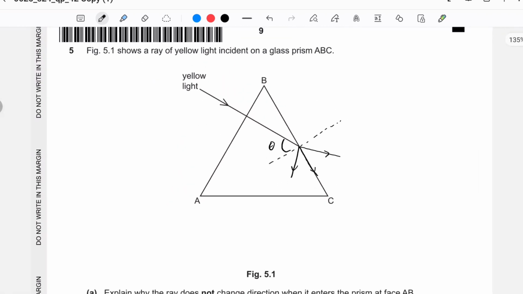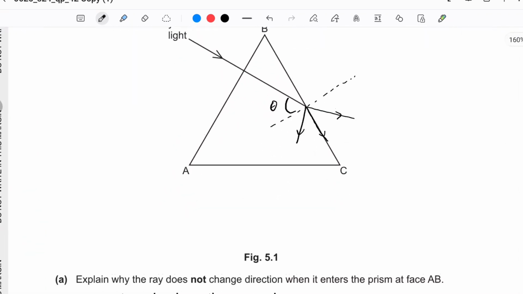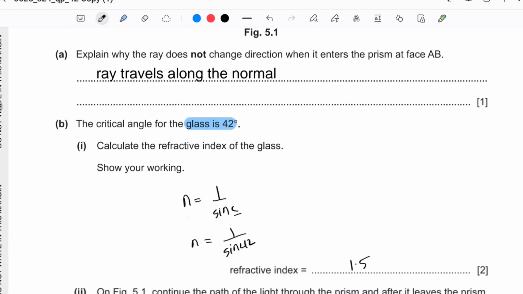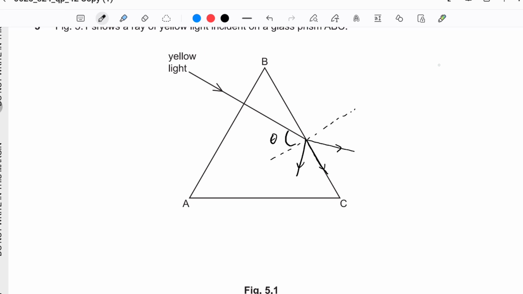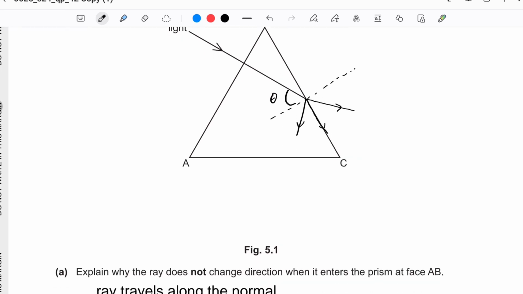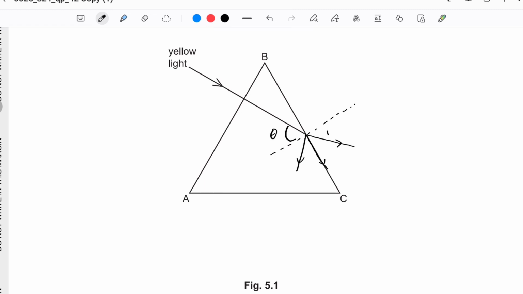So here in this case, angle of incidence is likely greater than 42 degrees. When the angle of incidence is greater than the critical angle, total internal reflection would take place. So this would be wrong, and this would be wrong, and this would be the correct one.